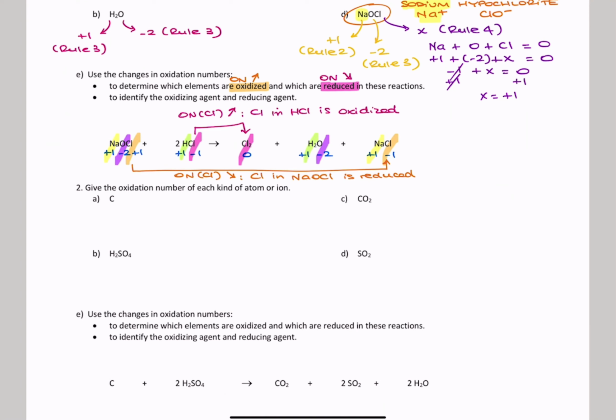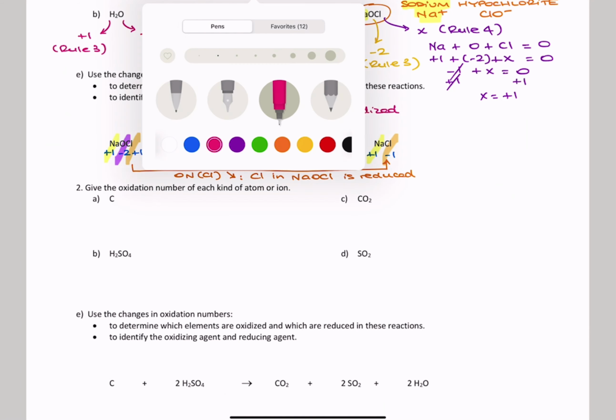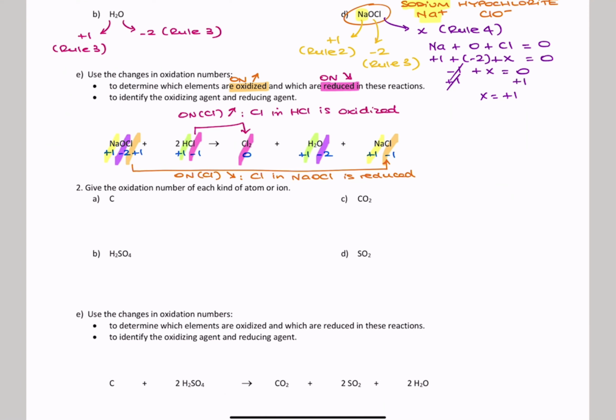Problem 2. We have to identify the oxidizing agent and the reducing agent. Just remember that if Cl is reduced in NaOCl, it's because NaOCl is the oxidizing agent, responsible for the oxidation of Cl in HCl.